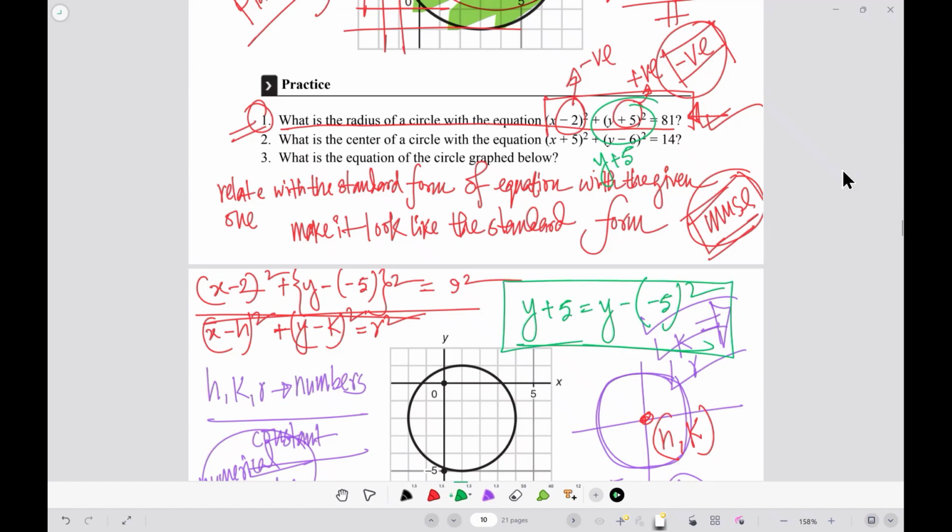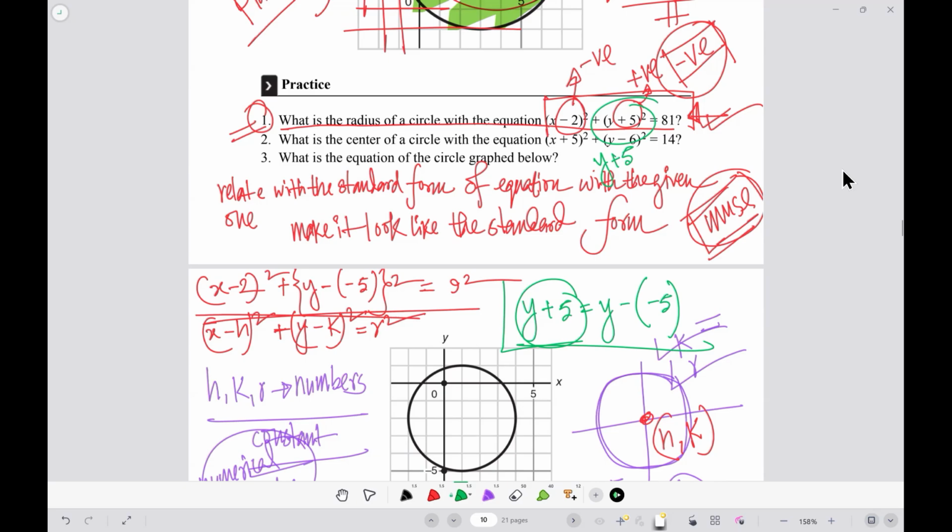Definitely. Sorry for the square sign. This is basically going to be y minus negative 5.